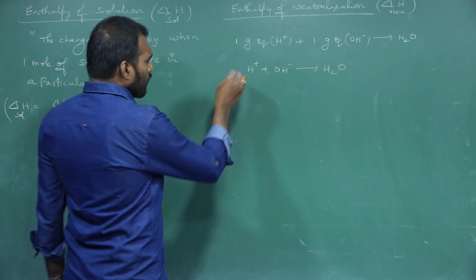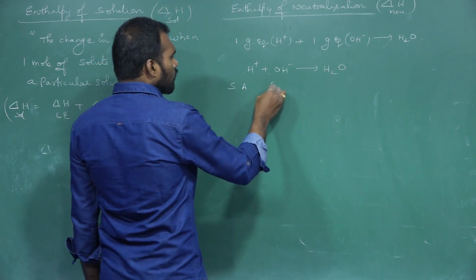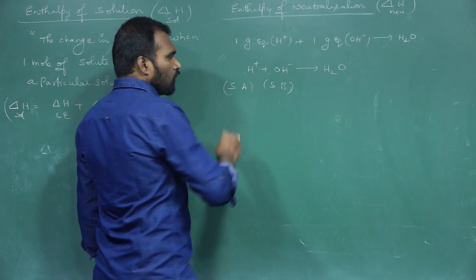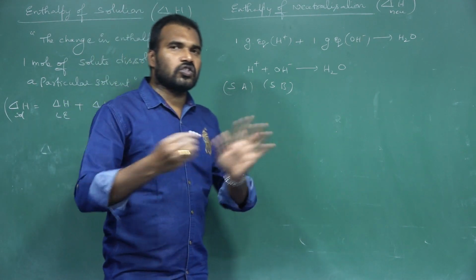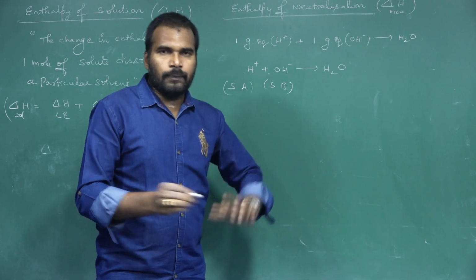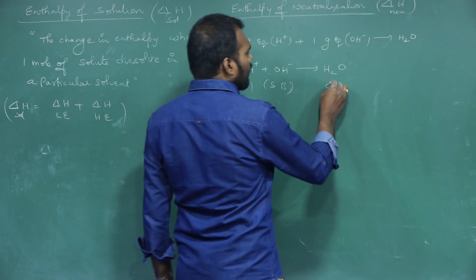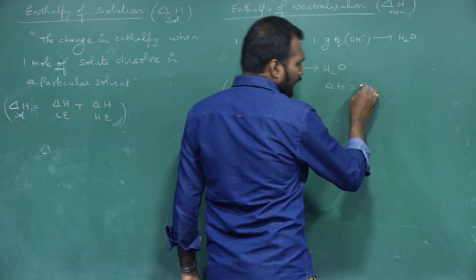But remember that if the acid is a strong acid and the base is also a strong base, when 1 gram equivalent of strong acid is mixed with 1 gram equivalent of strong base, its del H value is always exothermic.